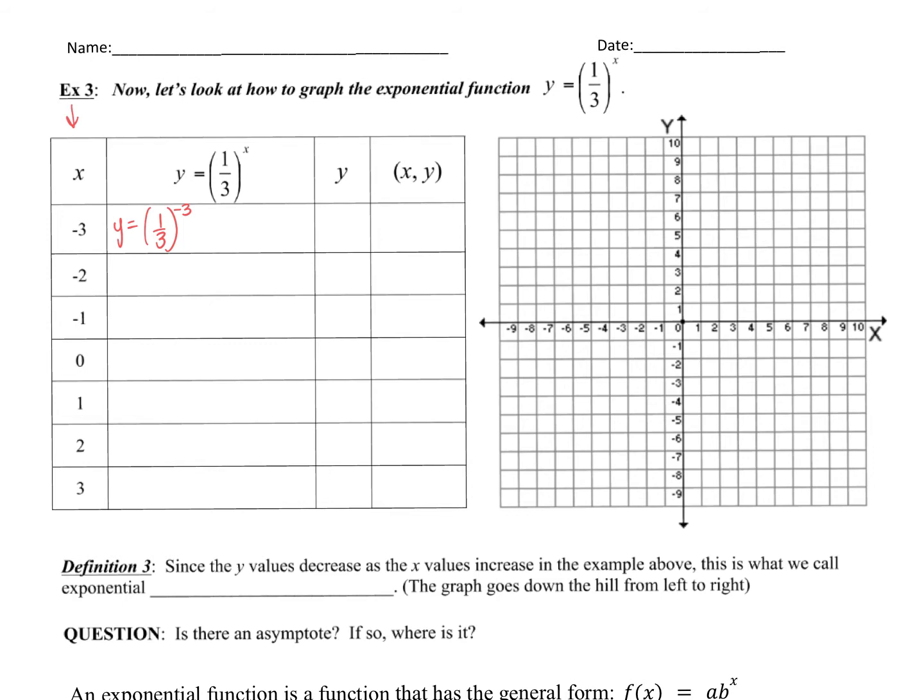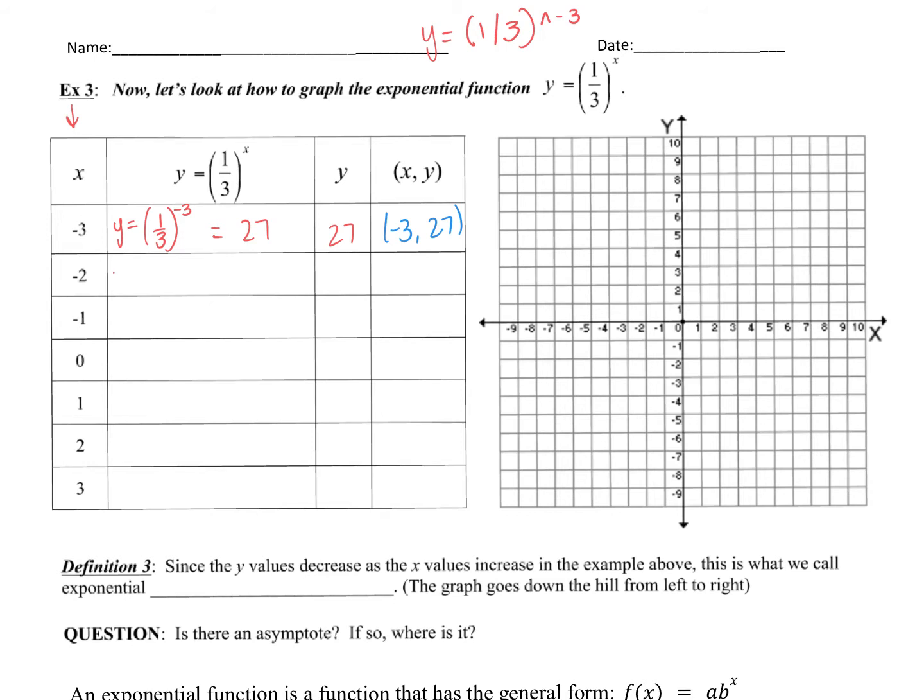So you're going to type y equals parenthesis 1 divided by 3, a caret, and then a -3, okay? And your answer will be a positive 27. So your x value is -3, and your y value is 27.